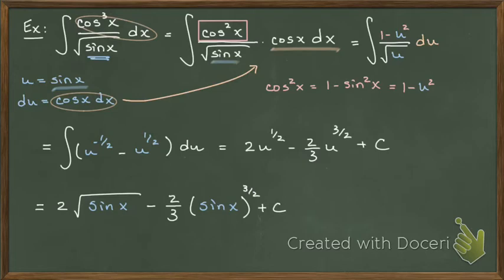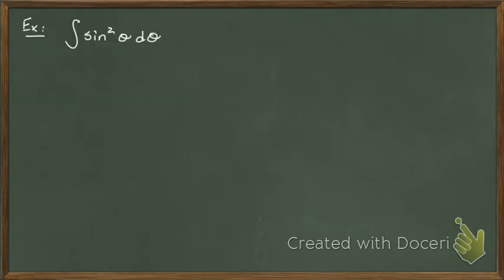Again, another substitution. The next example is a little trickier, and it's in a way just because it's simpler. But what I've got here is sine squared of theta d theta. I've got an even power of sine. Okay?